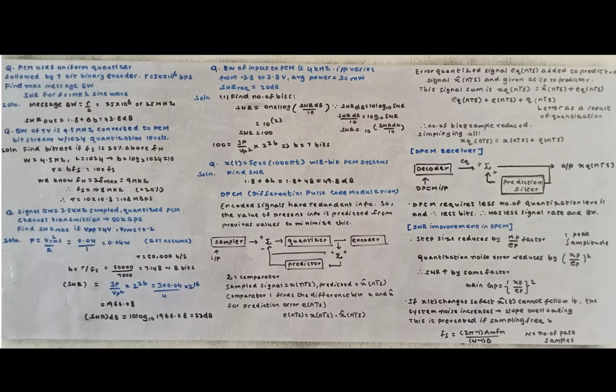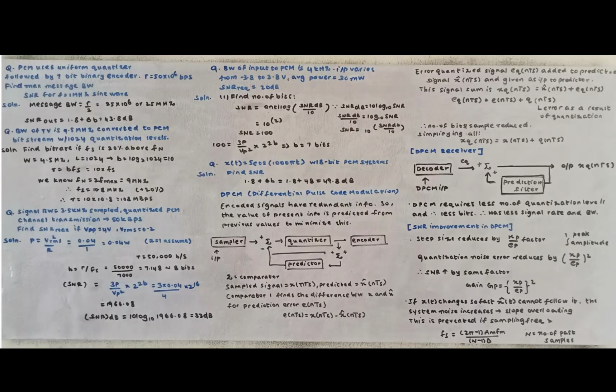The next question: the bandwidth of a TV is 4.5 megahertz, converted to a PCM bit stream with 1024 quantization levels. Find the bit rate if the sampling rate is 20% above the Nyquist rate. Here we have the number of levels, so we can calculate the number of bits straight away, which is 10 bits. We know that the given W is 4.5 megahertz.